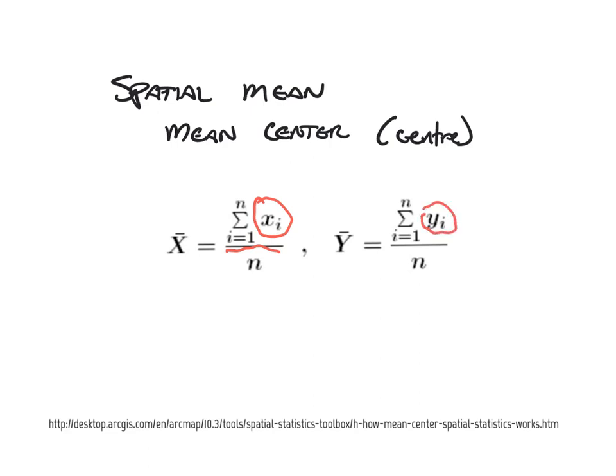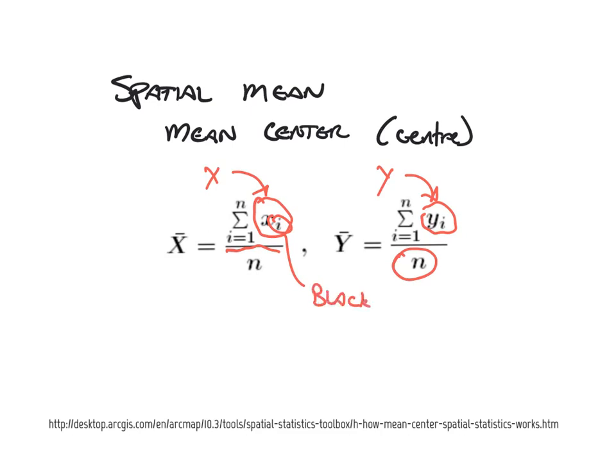Following this notation, which comes from the desktop.arcgis website, we need to keep track of the X locations, the Y locations, and the number of individual locations. And here, i simply denotes which file we're working with.